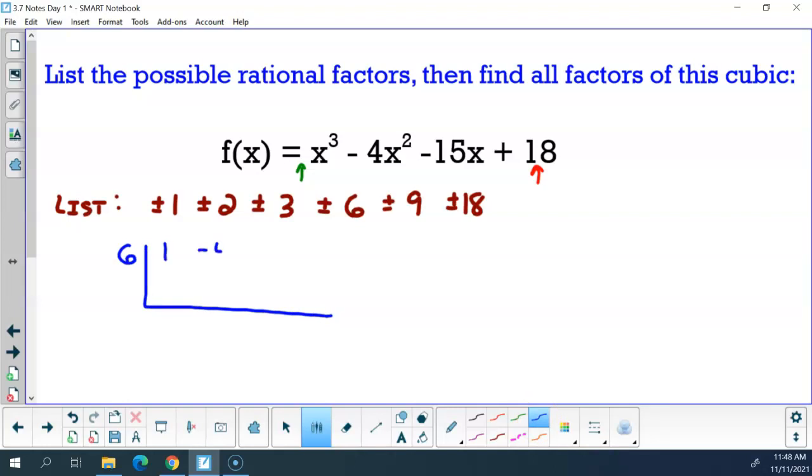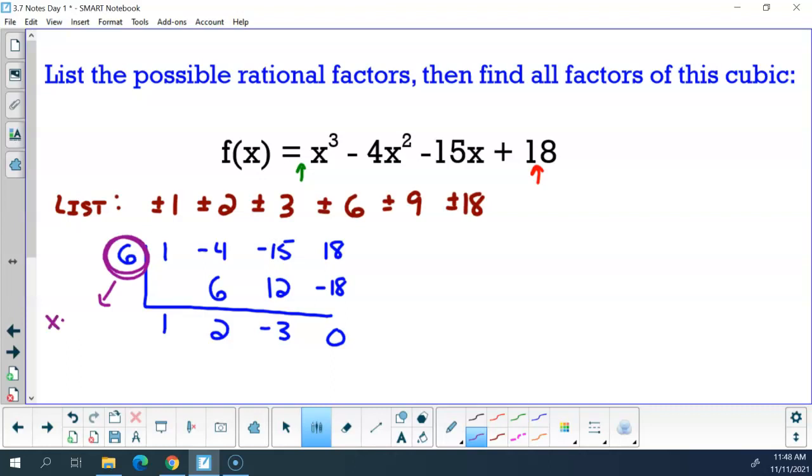1, negative 4, negative 15, and 18. 1, 6, 2, 12, negative 3, negative 18, and 0. Yes. Okay? So 6 is a zero, which means that what is the factor?